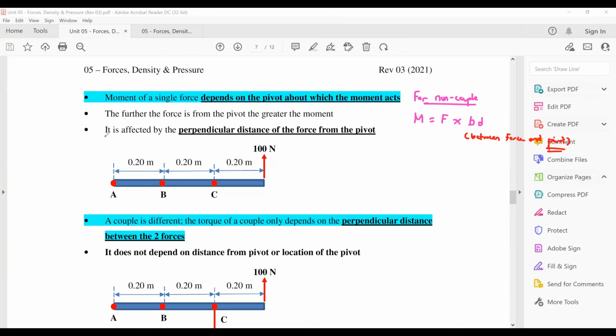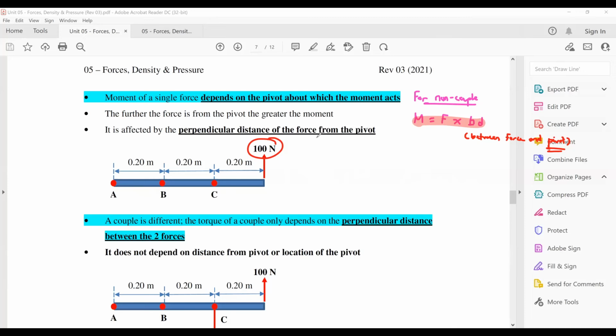So now, in this diagram, I ask you to find the moment of the 100 Newton force about three different pivots, A, B, and C. You will probably say that the moments are all going to be different just by looking at this, which is true. But let's just find out first what the values are.